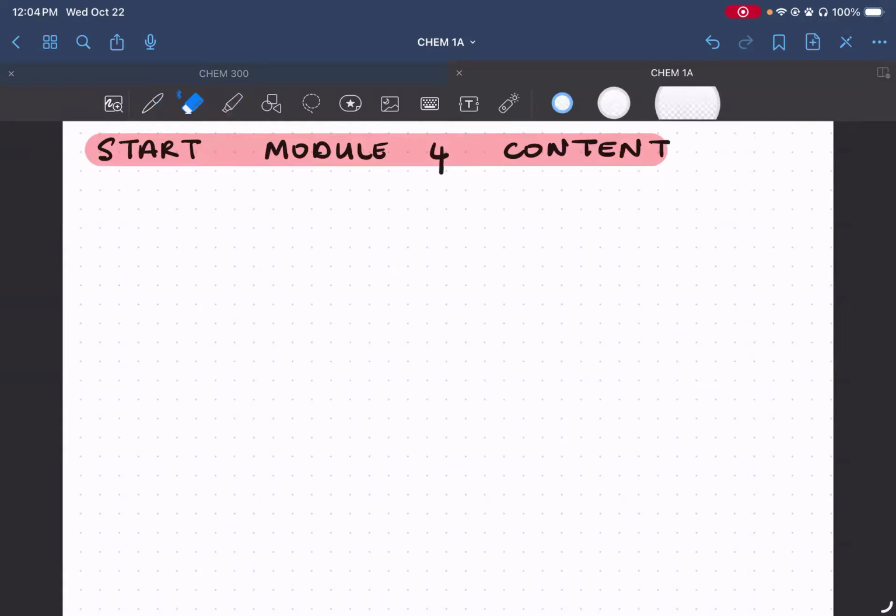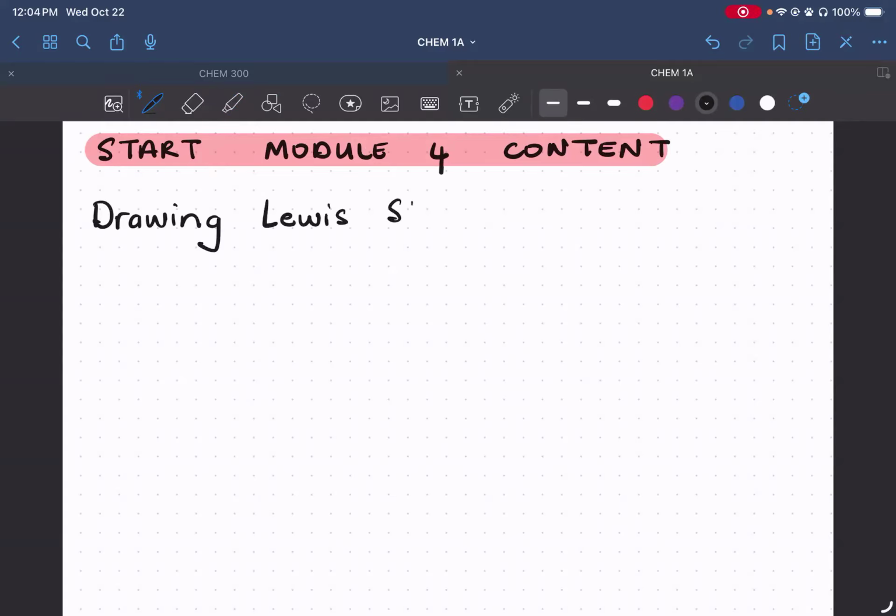Our very first topic is drawing, specifically drawing Lewis structures and VSEPR geometries.